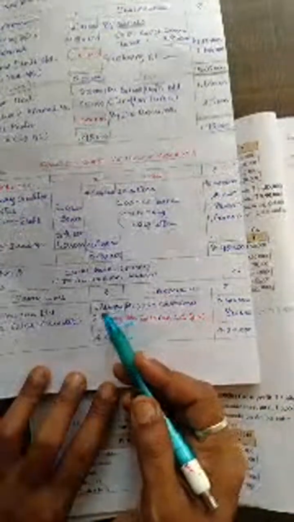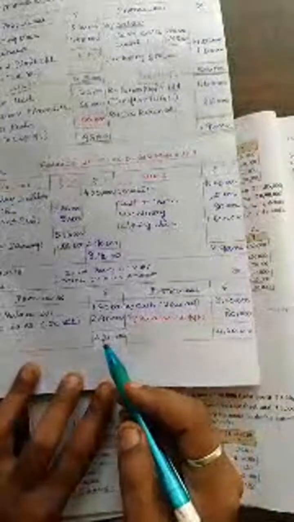So we have to sum up the debit side values, that is 1,30,000 plus 2,90,000, you will get 4,20,000 rupees. The same value you have to enter on the same horizontal line on the credit side. 4,20,000 rupees entered. After you enter the 4,20,000 rupees on both sides, you have to draw a double line.